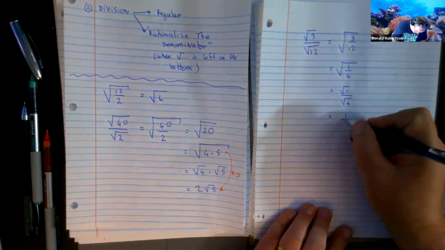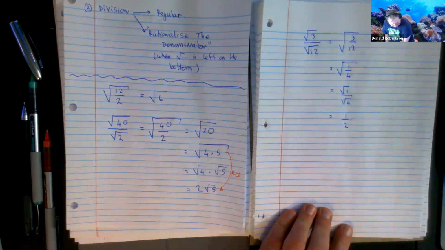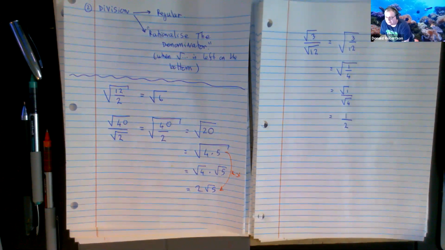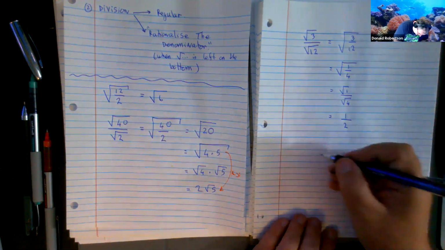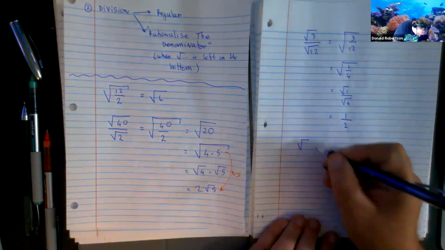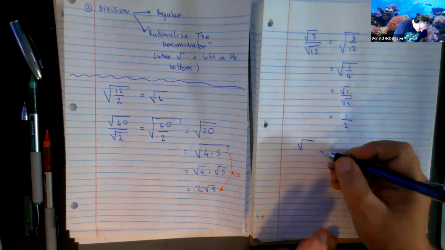Square root of 4 is a perfect square. Do you see in this case, we don't have a problem? As long as there's not a square root in the bottom, we don't have a problem, right? The answer is fine. In fact, a half is fine, no matter what you think about it, right? It's a great answer. So here's a third possibility that could happen.